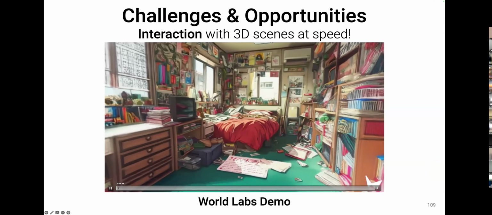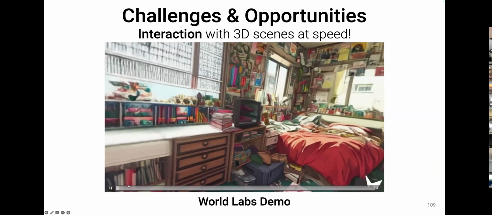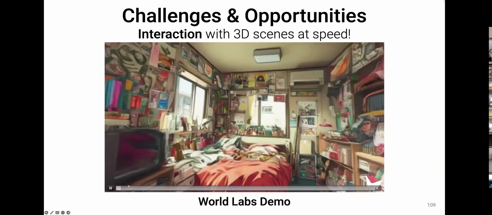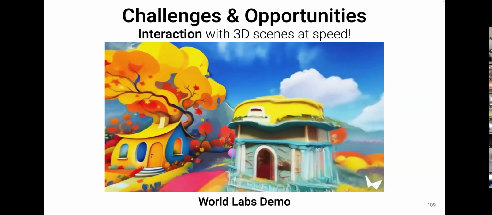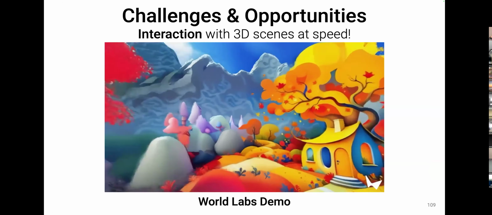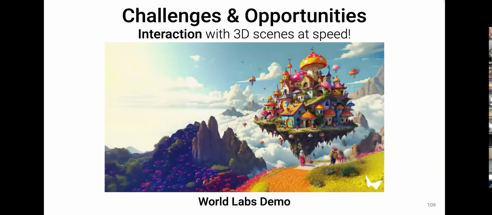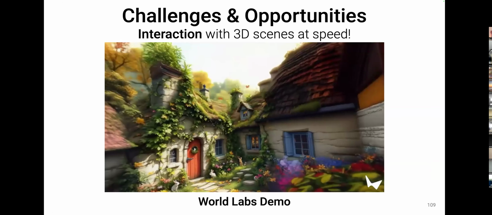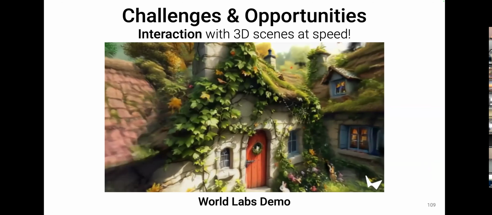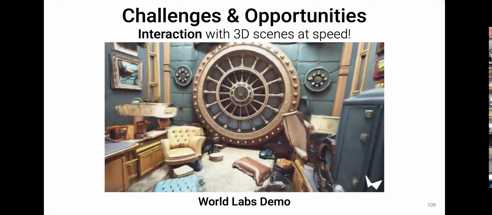Another thing we need to know is why we need 3D scenes. We need a 3D representation to be able to really interact with the 3D scenes very quickly, at speed.